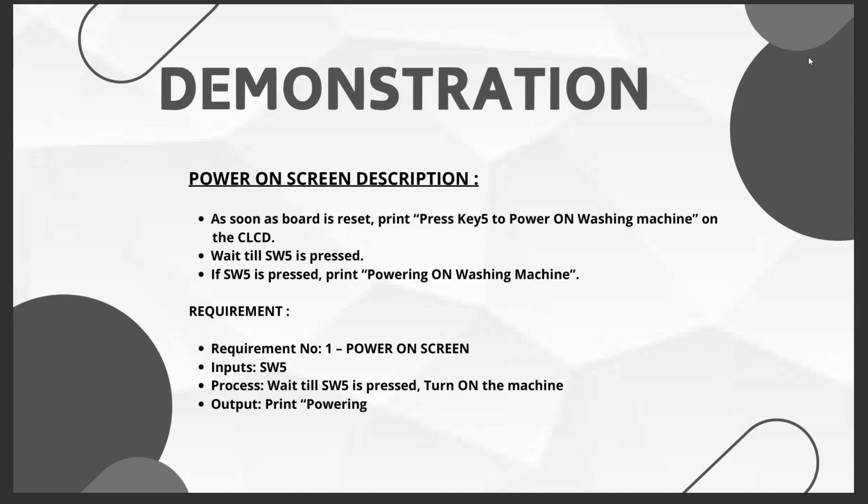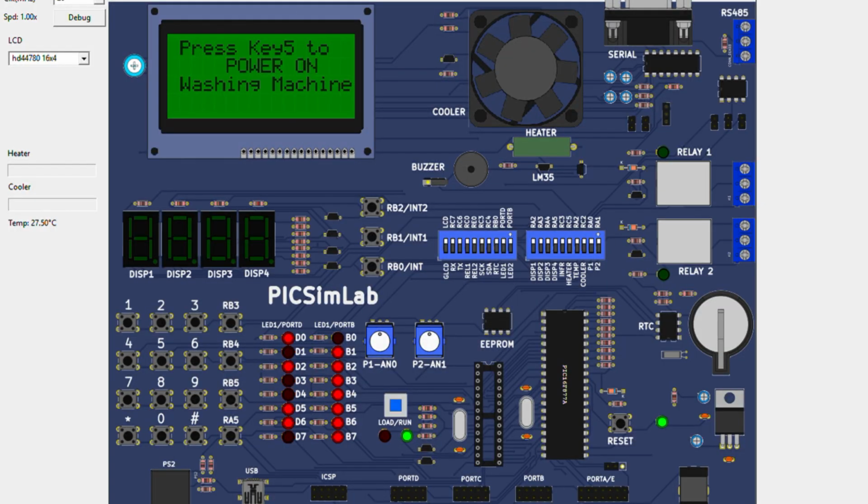Let me show you on the PICSIMLAB simulator how it works. So this is the interface of PICSIMLAB upon PICGenius board, using the PIC16F877A microcontroller. After clicking on the reset button, it should show "press key 5 to power on washing machine". And we have coded RB4 as switch 5.